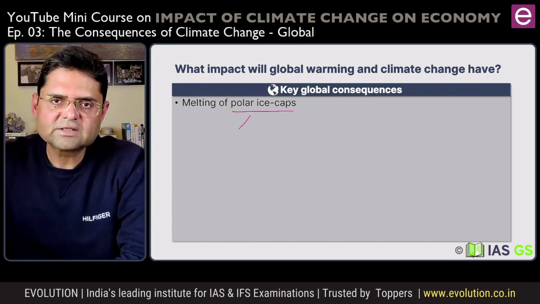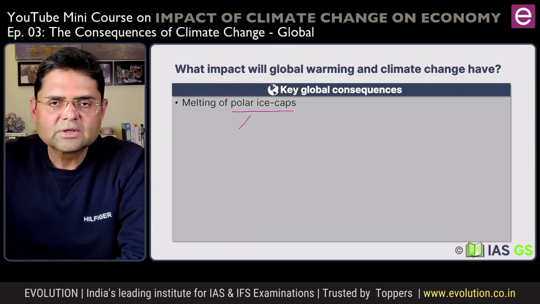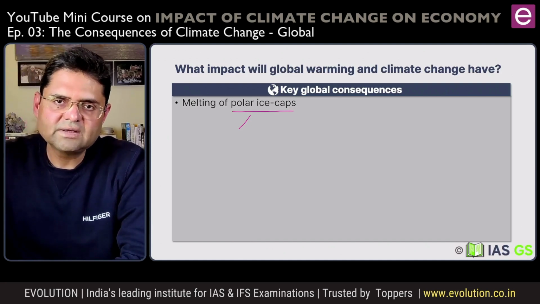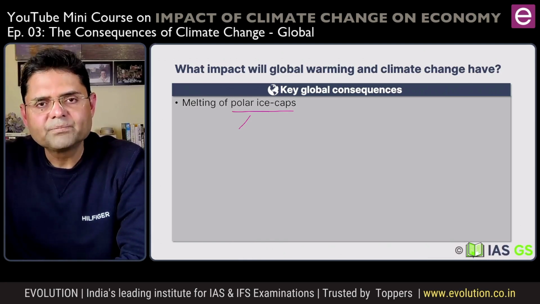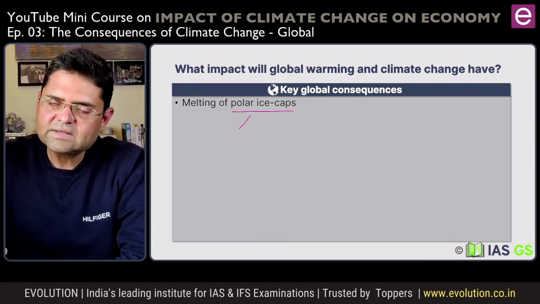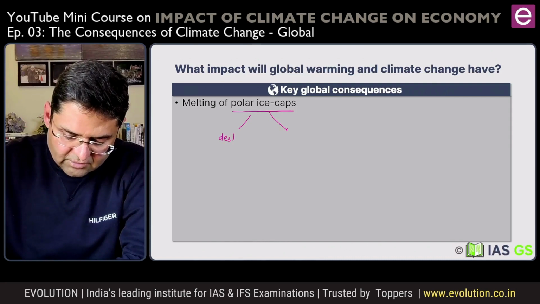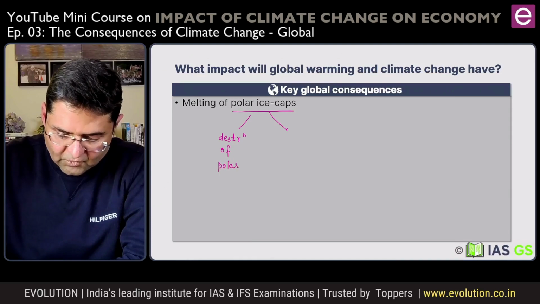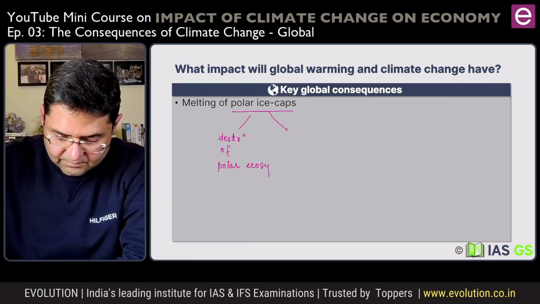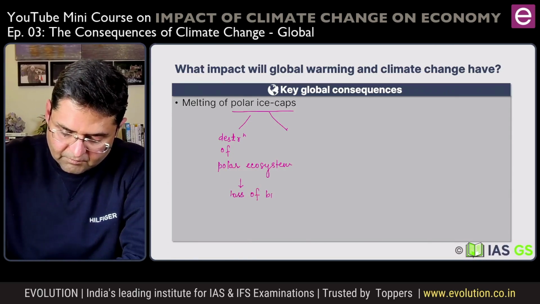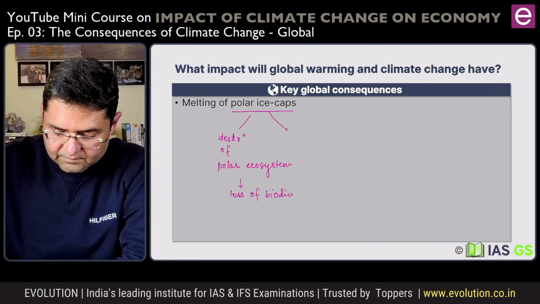A number of threatened species from such ecosystems will also go extinct. Second thing is it is going to increase the sea level further, and the consequences of sea level rise we have already seen. So here, destruction of polar ecosystem and consequent loss of biodiversity.